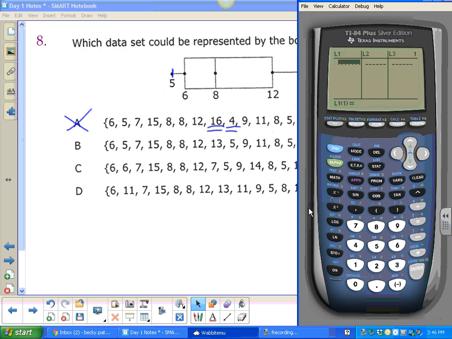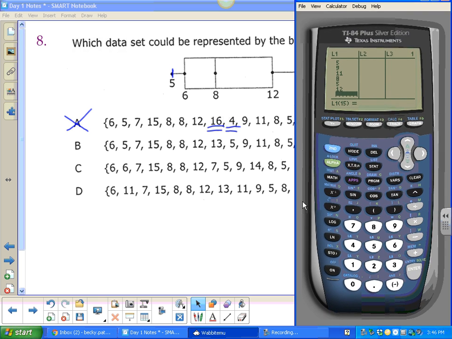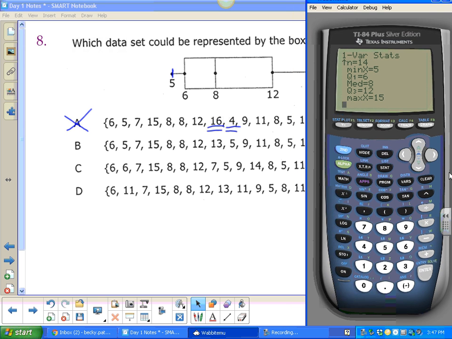So if I take the first one, okay, and let's get his 5-number summary, and I want it to match the box and whisker that's up here on the board.